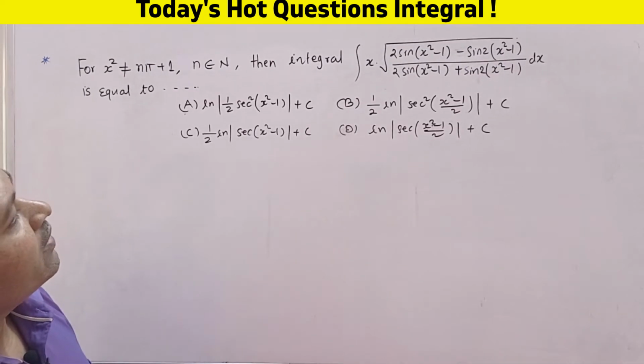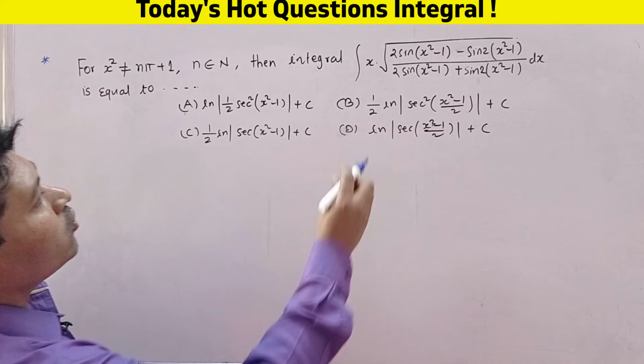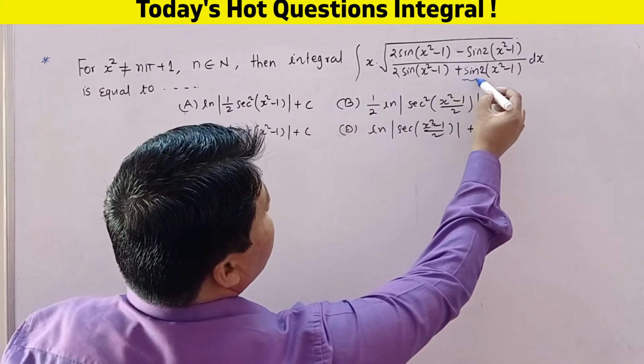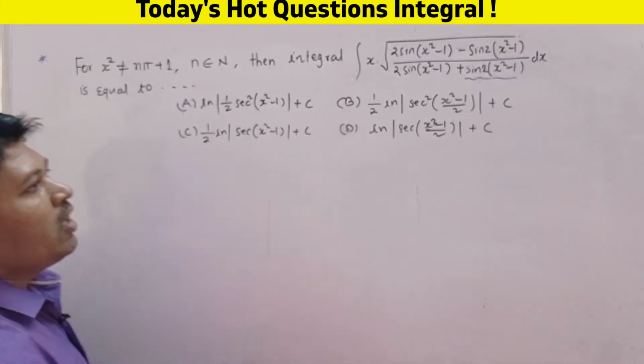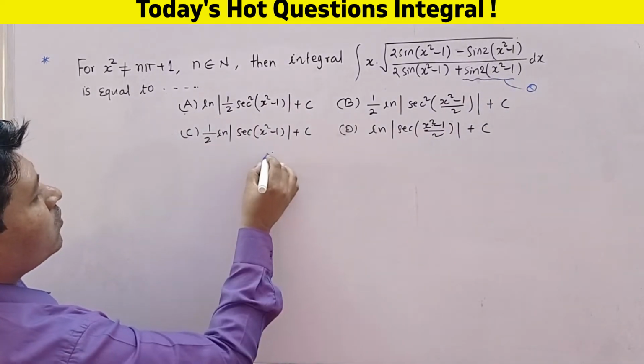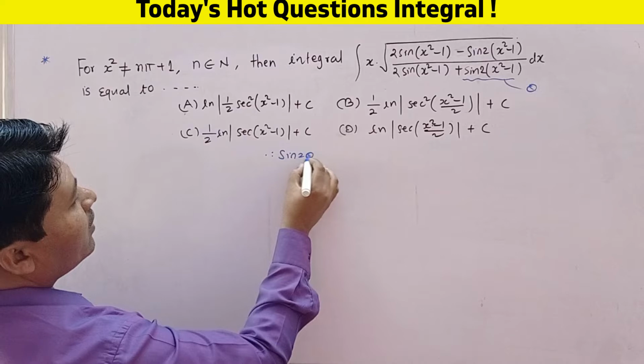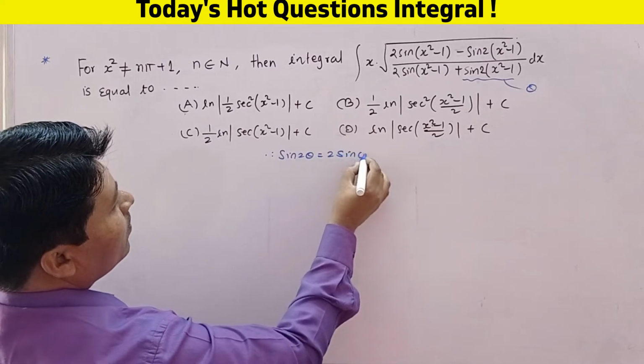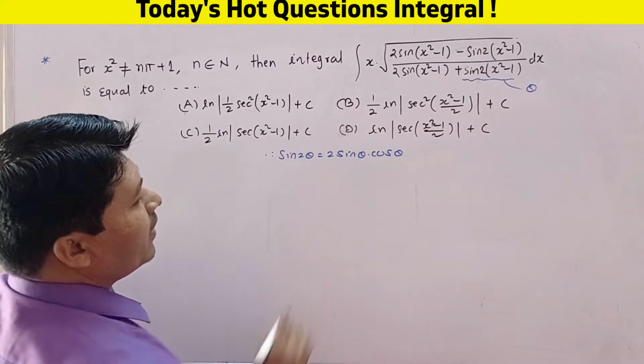Now the solution. We know the related formula: suppose this is theta, then sin 2 theta is equal to 2 sin theta cos theta.